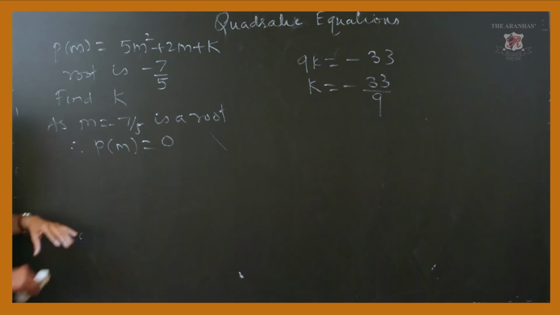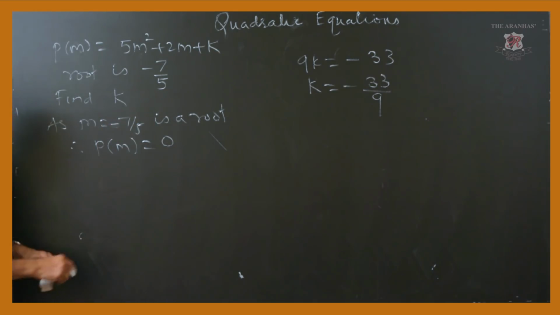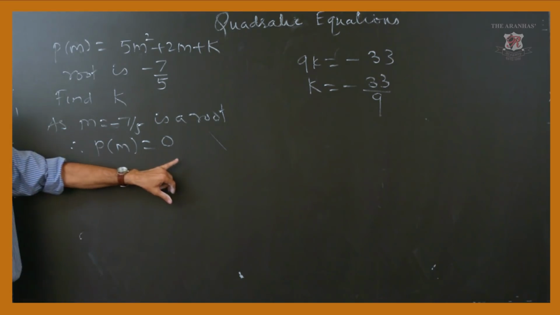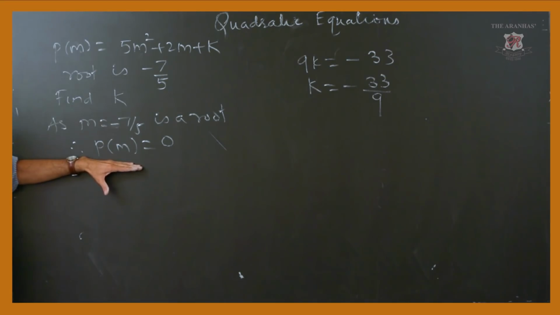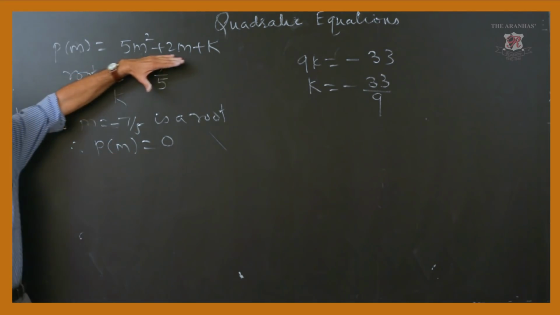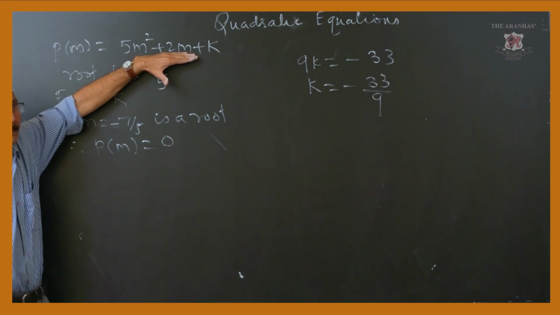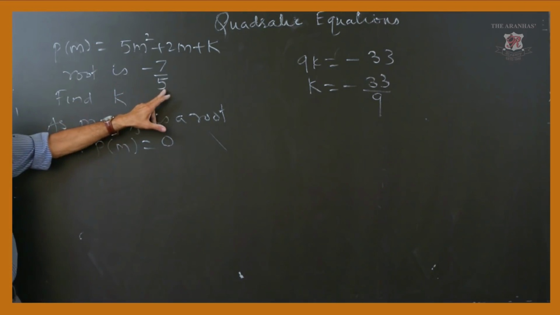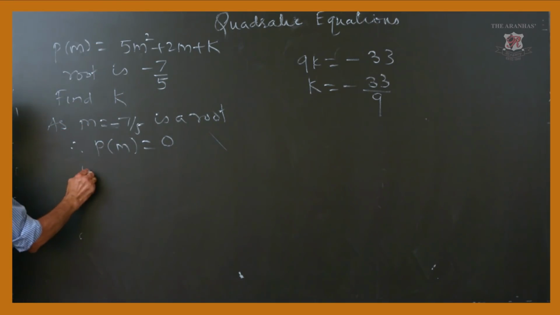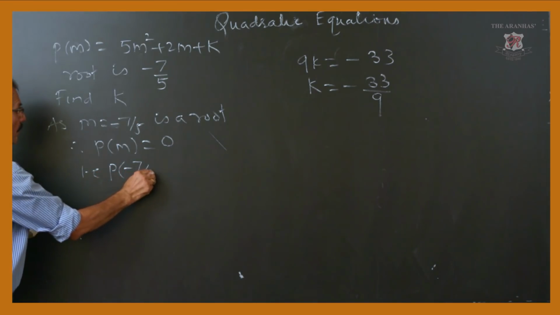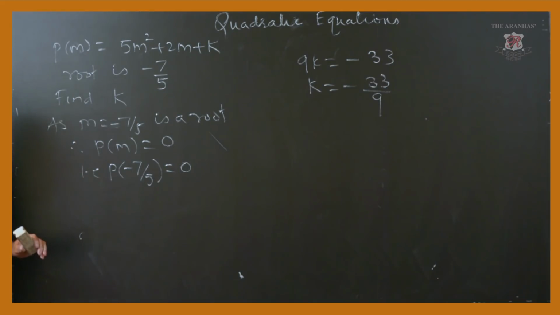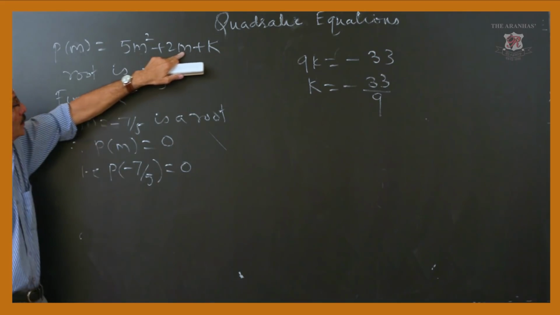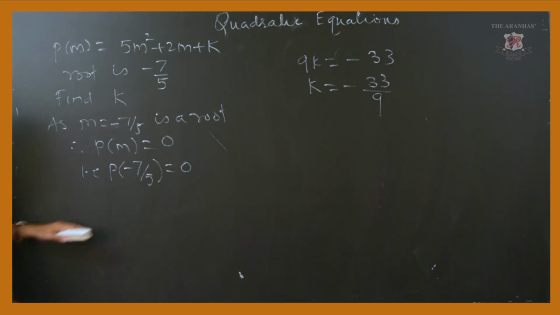So, as m is equals to minus 7 upon 5 is a root of the given equation, therefore, p of m is equal to 0. Now, what is p of m? This p of m means this polynomial. Means what? Wherever m is there, you have to put minus 7 upon 5. That is, p of minus 7 upon 5 is equal to 0. In this polynomial, wherever m is there, you go on substituting minus 7 upon 5.